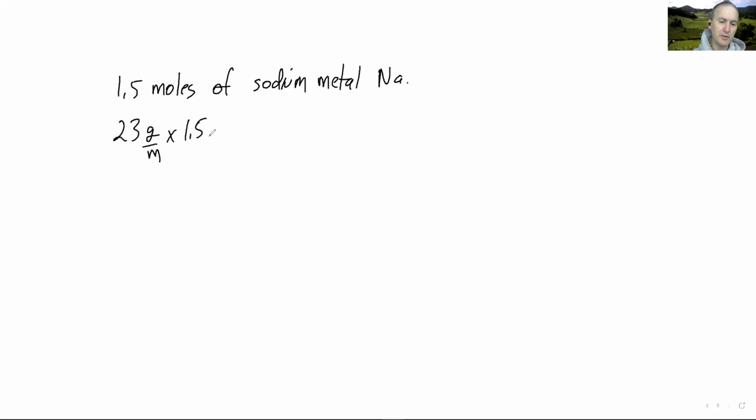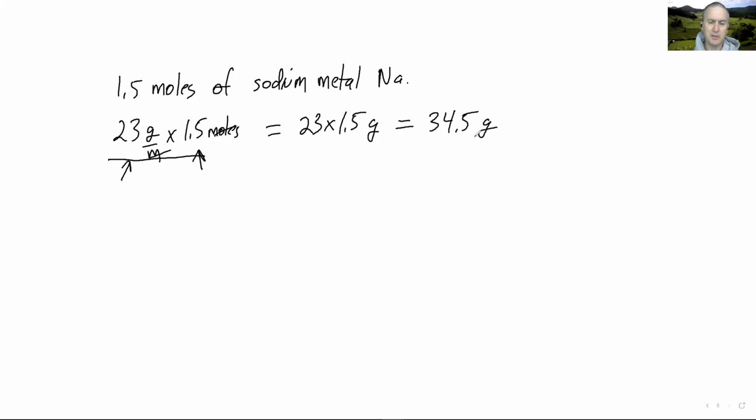So I just multiply that, and these are going to cancel, and I'm going to get 23 times 1.5 grams, which is equal to 34.5 grams, I believe, doing the math in my head. Okay. So all I did was multiply the atomic mass by the number of moles, and then I get the mass, right?